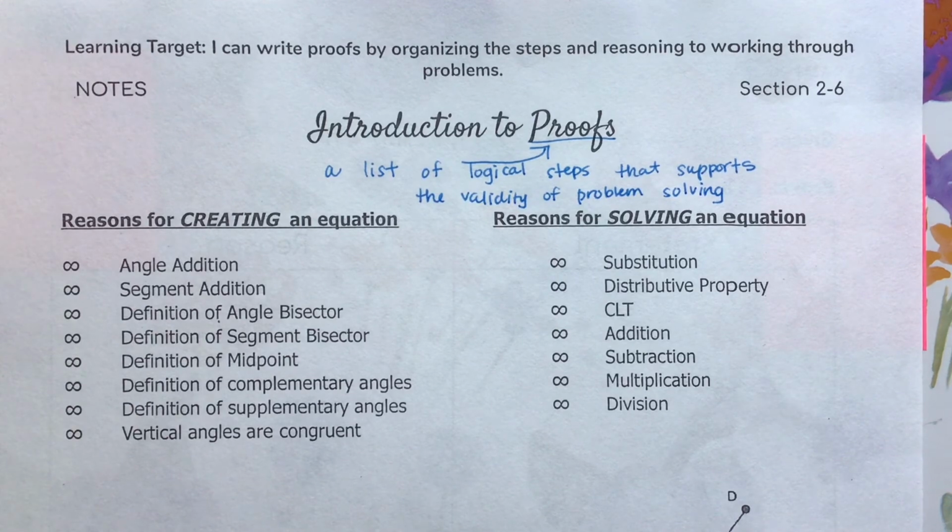So instead of solving a problem and saying, that's the answer because I know it is, or that's the answer just because, we're going to now give mathematical reasoning for our work.